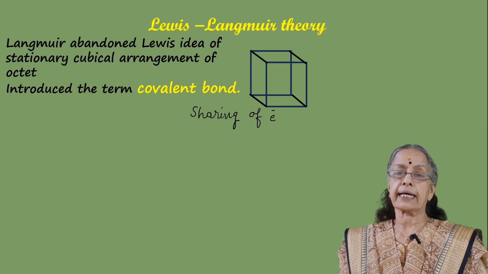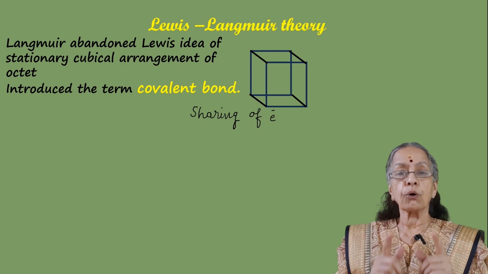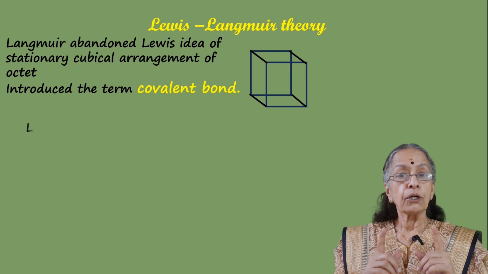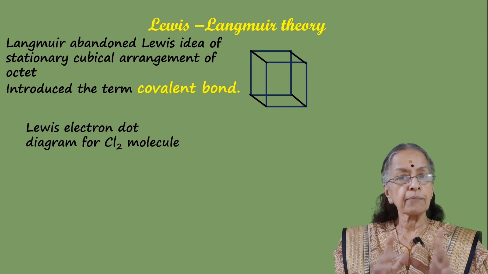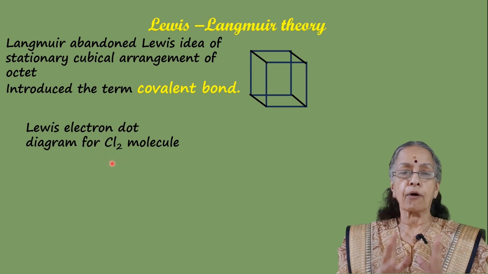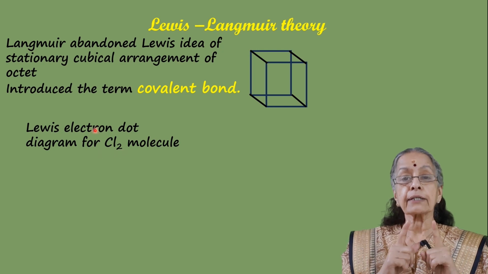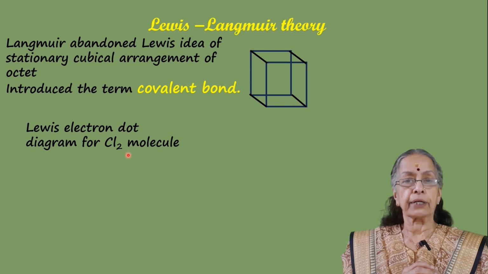In order to understand that, we will consider a simple molecule, chlorine molecule, and then proceed to draw the Lewis electron dot diagram for chlorine molecule. Cl2 is the symbol of chlorine molecule. What does this 2 stand for? It means there are 2 atoms of chlorine in one molecule of chlorine.